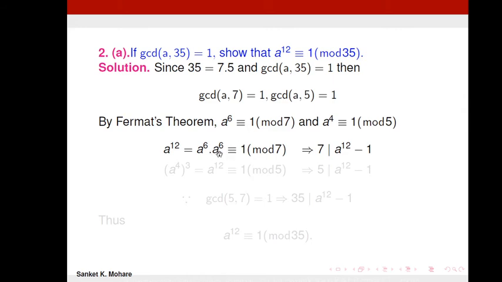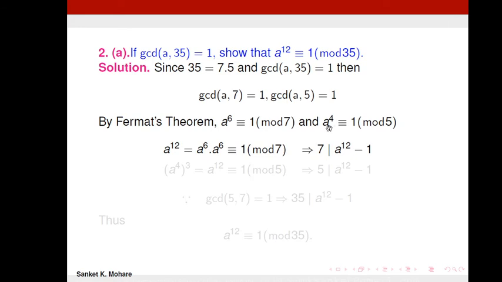So the value is 1 into 1 modulo 7, and 1 into 1 is 1. That's why a to the power 12 is congruent to 1 modulo 7. By definition of linear congruence, whenever a is congruent to b modulo n, then n divides a minus b. So 7 divides a to the power 12 minus 1.